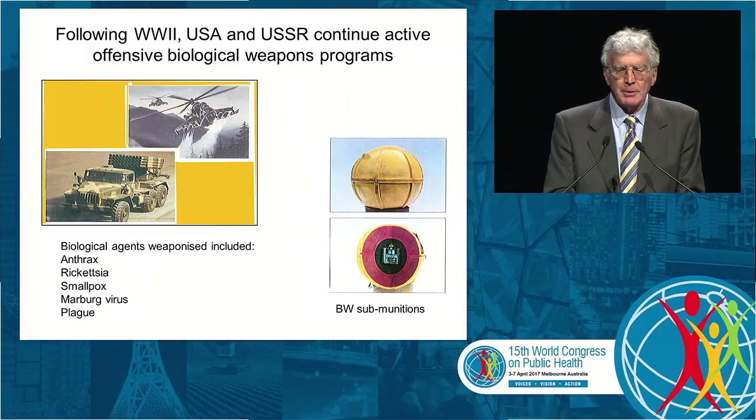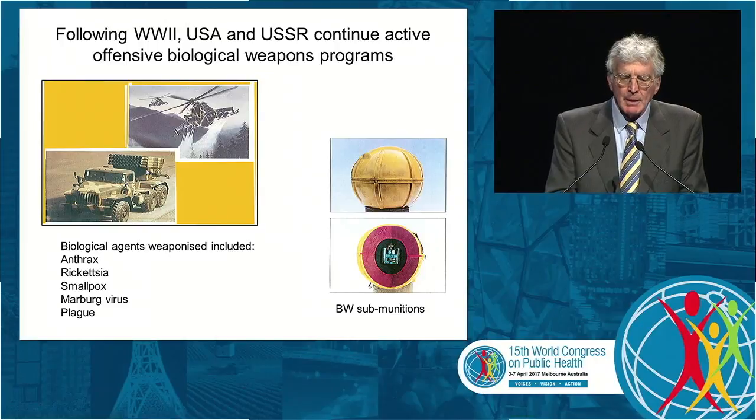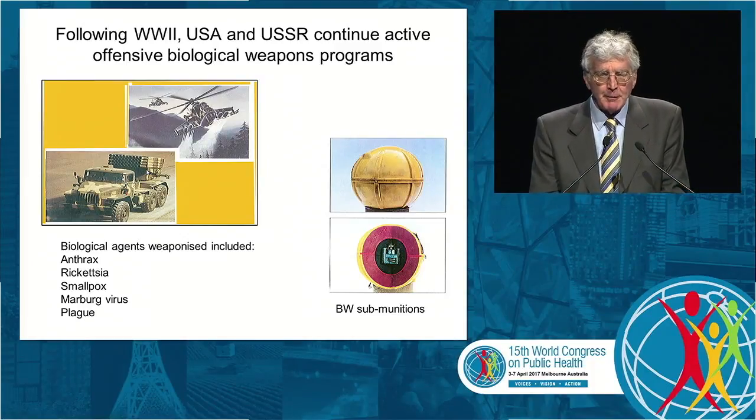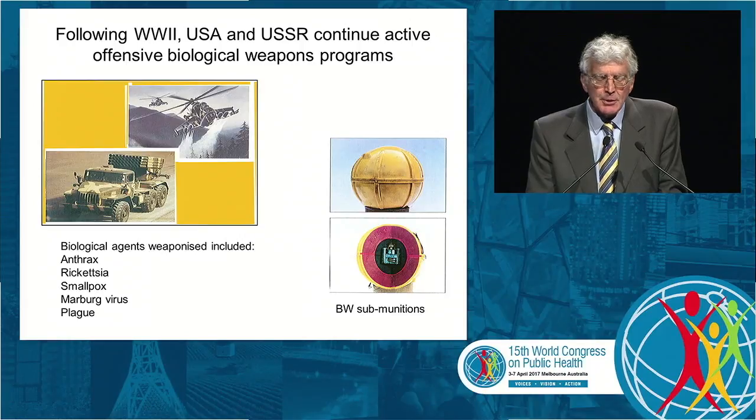Beyond World War II, both the US and the Soviets continued active BW programs, including spray systems, missiles, rockets, and again using a range of different disease agents, some of them from previously. And the image on the right-hand side of the slide is the submunition.